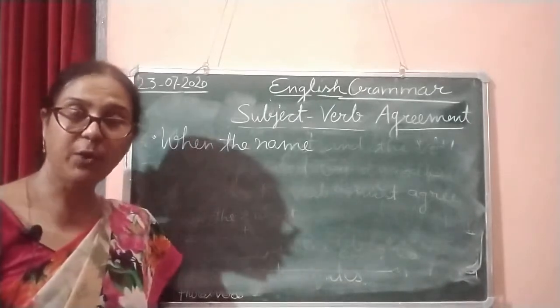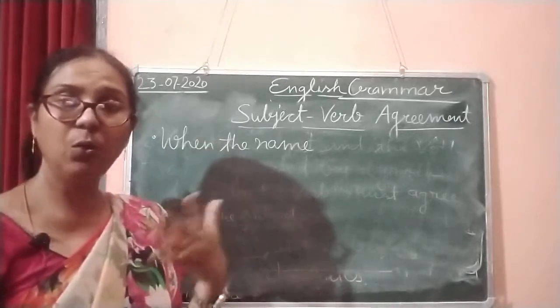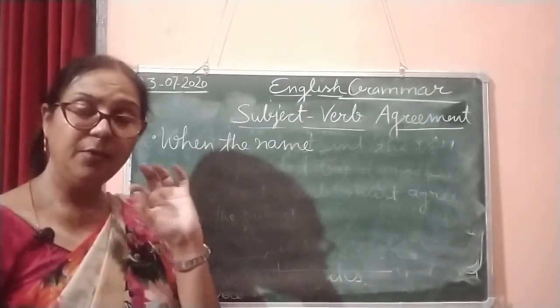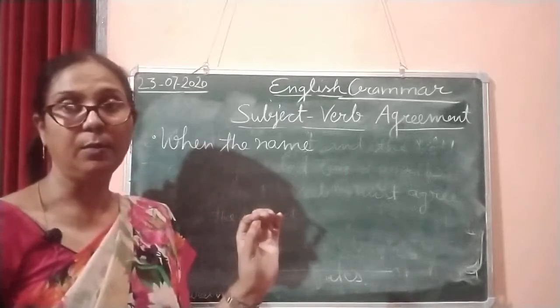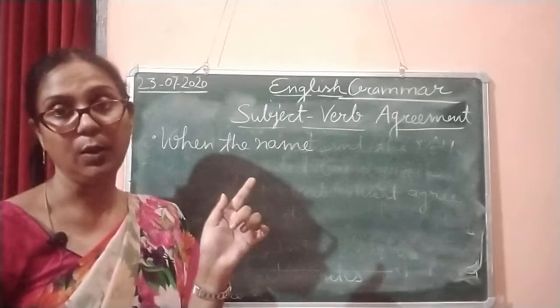Our next point is, when the names of countries or books or holy books are written in the plural form, but in the verb it is considered as singular.